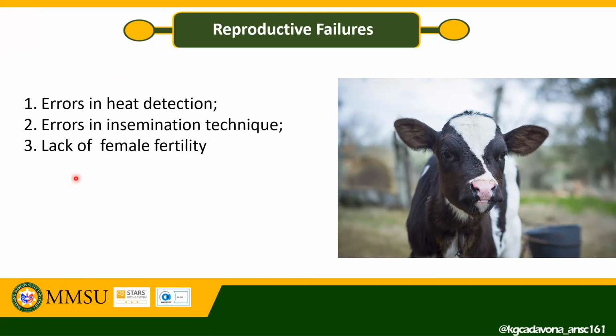And another one, pwede ding mag-fall dito yung improper na semen handling techniques as one of the common sources of reproductive failure. Then the last one, we have the lack of female fertility in terms of the female animals. Definitely the source of failure of cow fertility that could be easiest to document is yung genital infections like vaginitis or even metritis.